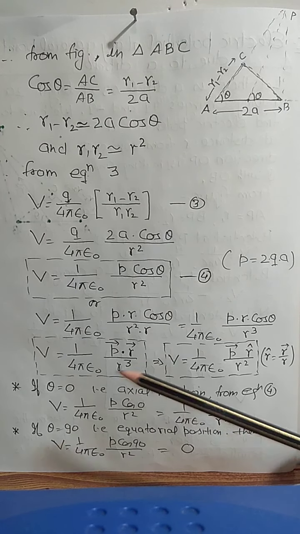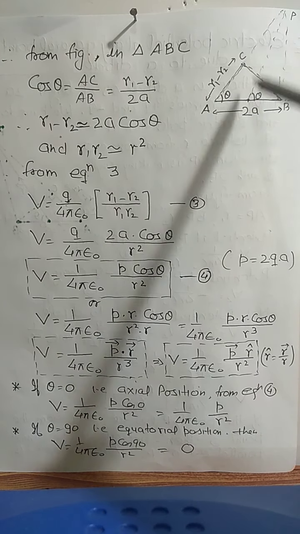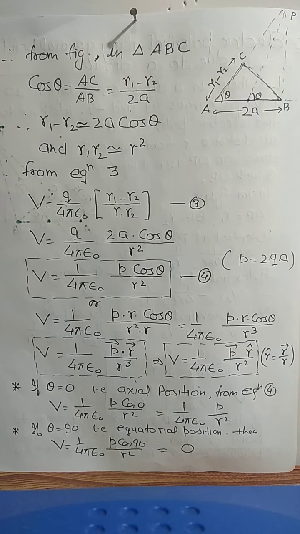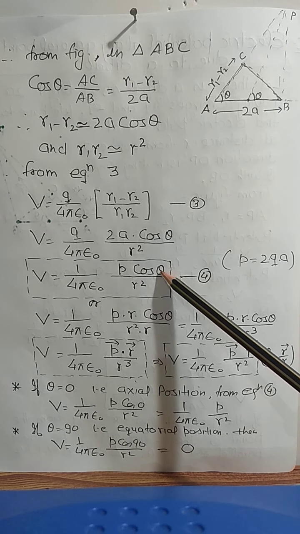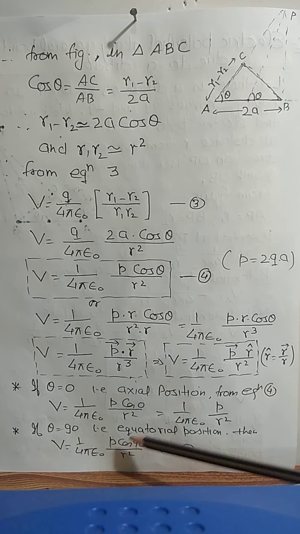The condition 2, when theta is equal to 90 degree, means this is the dipole and 90 degree. That is, the equatorial point. It means if the point is an equatorial point, then theta is equal to 90 degree. Put here 90. Cos 90 means 0 and V is equal to 0. Written here 1 upon 4 pi epsilon naught P cos 90 upon R square, and that is 0.